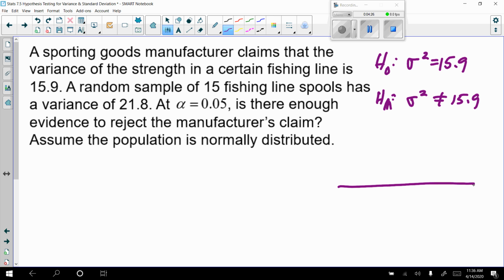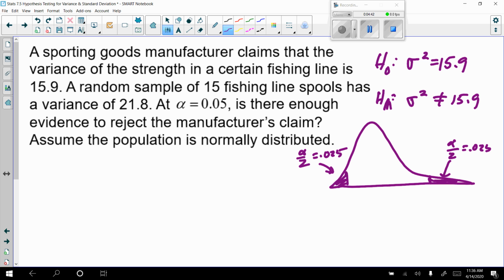So this time we have a two-tailed test, a left and a right tail. This is half of alpha, or 0.025. This is half of alpha. That means I need a chi-square of the left and a chi-square of the right.